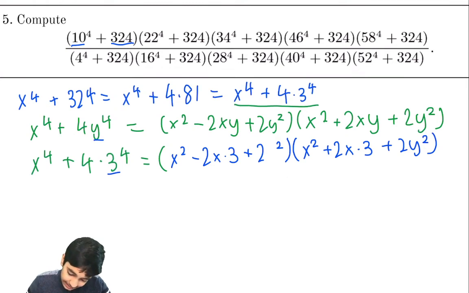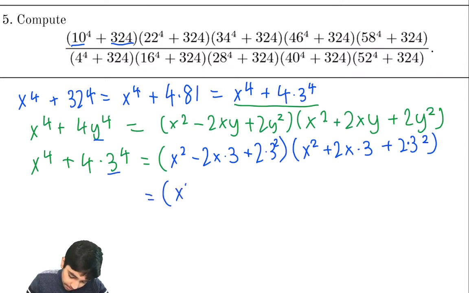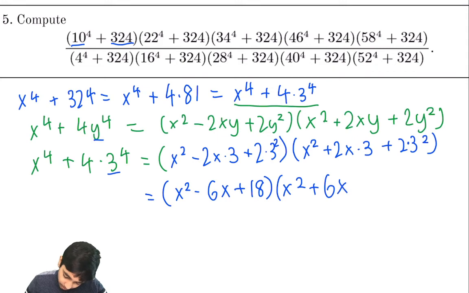We know y is 3, so it's 2 times 3 squared, so plus 2 times 3 squared. This is equal to x squared minus 6x plus 18 times x squared plus 6x plus 18.